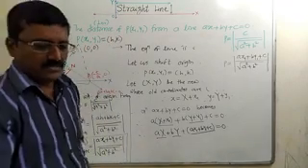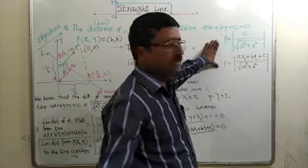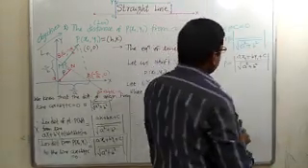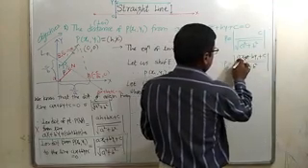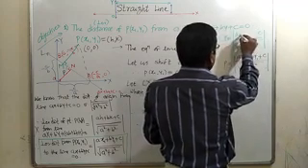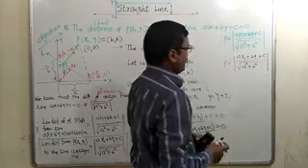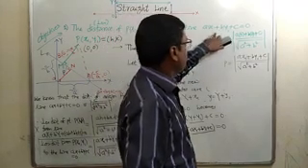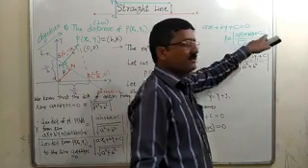If you observe these two formulas, they are very similar, or the same, because this c can be written here as a into 0 plus b into 0 plus c, because this is the perpendicular distance of the line ax plus by plus c from the origin. That's why instead of x1, y1, we have taken here 0, 0.